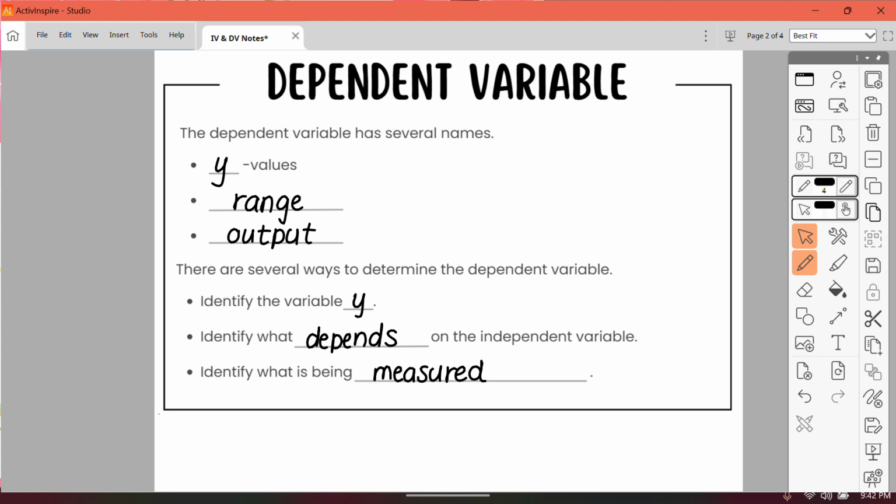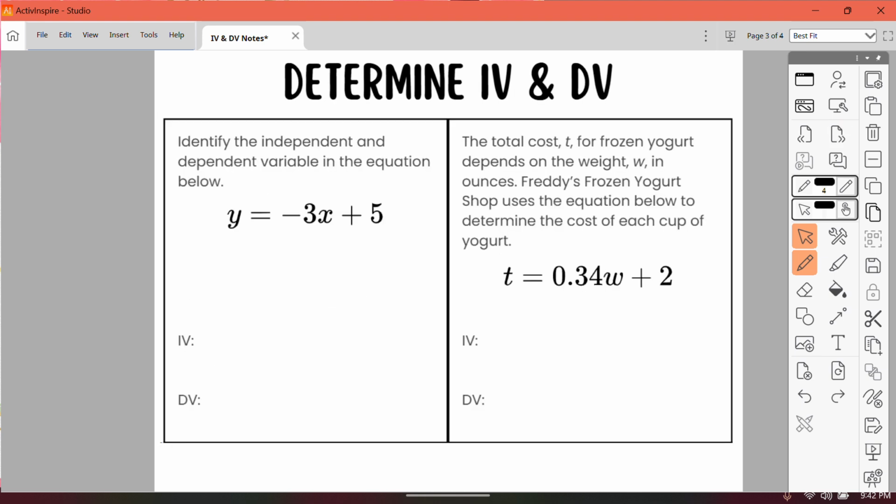And whatever is being measured, like the height or the weight or the volume, whatever is being measured in the experiment, that's your dependent variable. It happens as a result of the first thing. Okay? So let's look at some examples that range from very mathy to a bit sciencey.